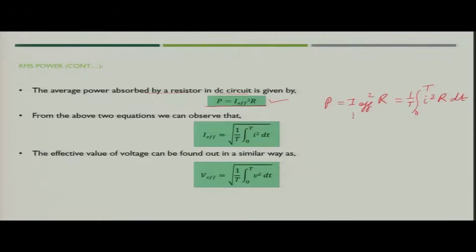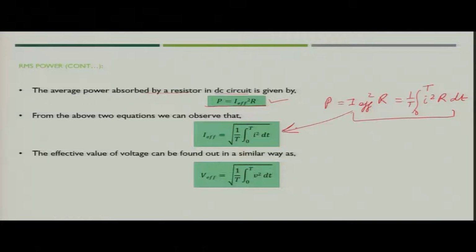Now, if you see this equation, using mathematical operations, you can simply say that I effective is nothing but under root of 1 over T integral of 0 to T I square dt.